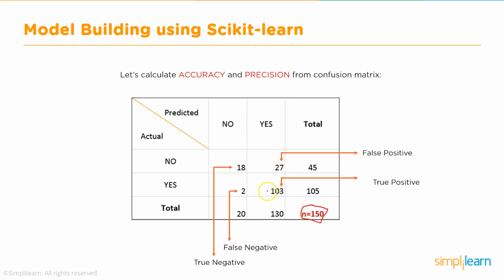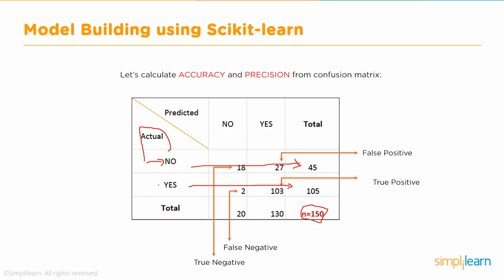That's the first thing. The next thing is to take a look at the actual values. This view is the actual view. In the actual data we have labels yes and no. As per the actual data, there are 45 observations tagged as no, and there are 105 observations labeled as yes.